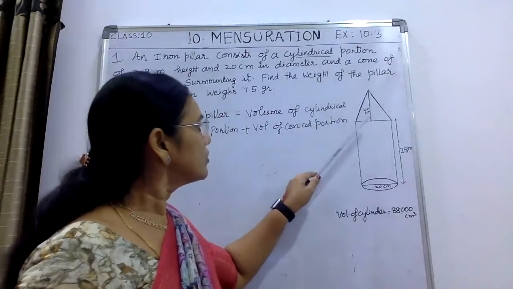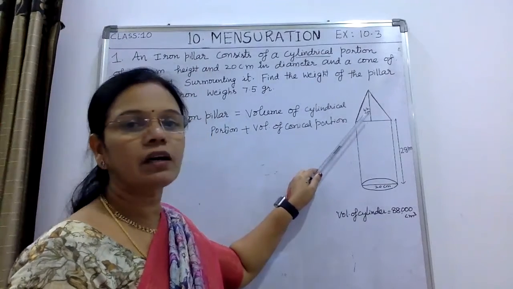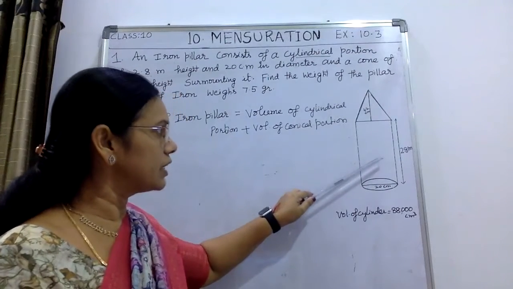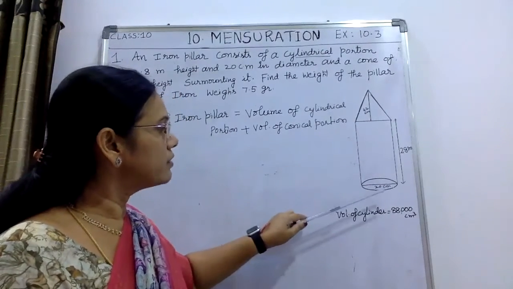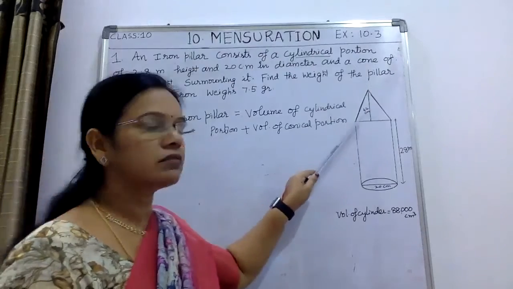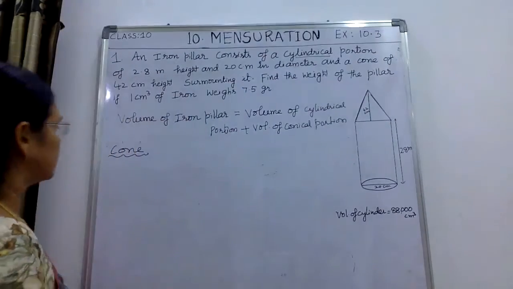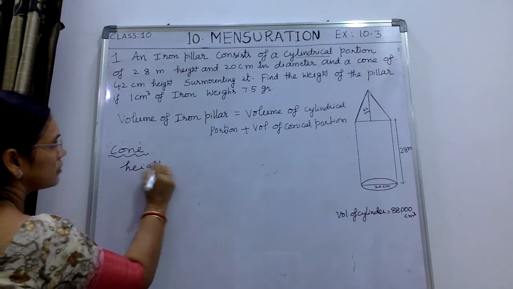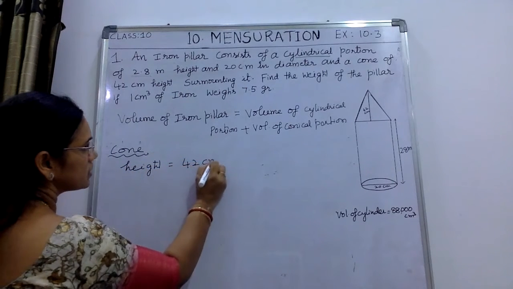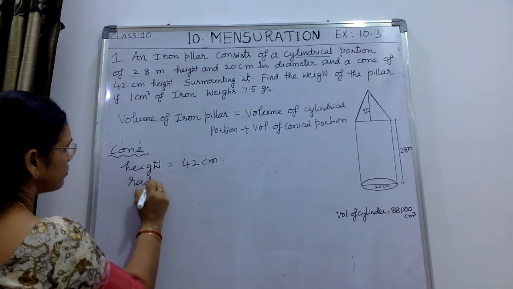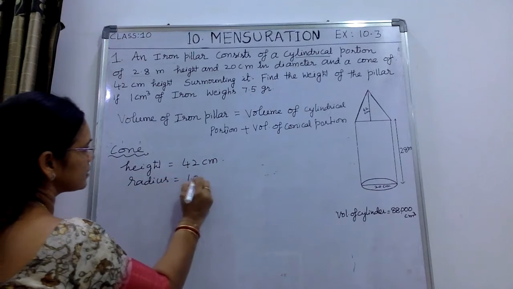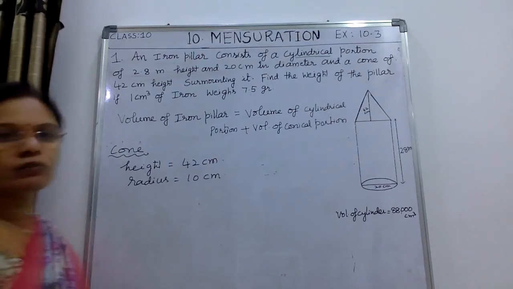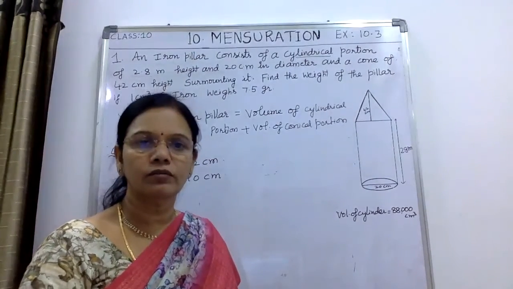There is only one measurement, that is the height of the cone. But we know this cone is surmounted on the cylindrical portion, so the radius of the cylinder is equal to the radius of the cone. So height is given as 42 centimeters. Radius, just now we calculated, is 10 centimeters.